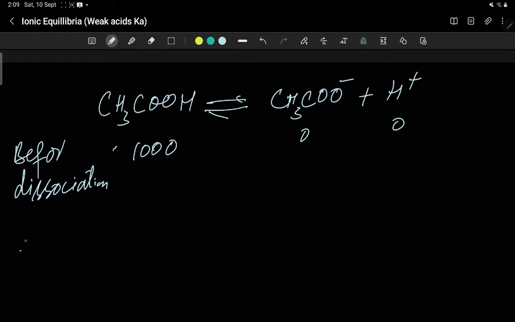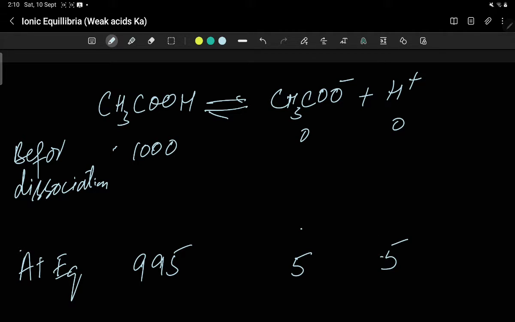After, at equilibrium, we know that out of 1000 particles only 5 particles are dissociated. 5 particles of ethanoate and 5 of hydrogen ion are formed, and the ethanoic acid at equilibrium will be 995. So at equilibrium there are 995 particles of ethanoic acid, 5 particles of ethanoate and 5 particles of hydrogen ion.